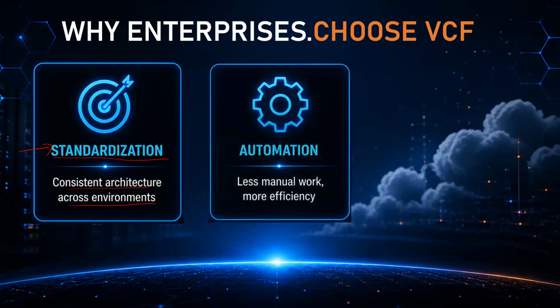Then the next use case we talked about is automation. And we all know what automation brings for us, right? Manual operation cannot scale in modern enterprise environments. Big enterprises today, in fact every enterprise today, needs automated deployments.